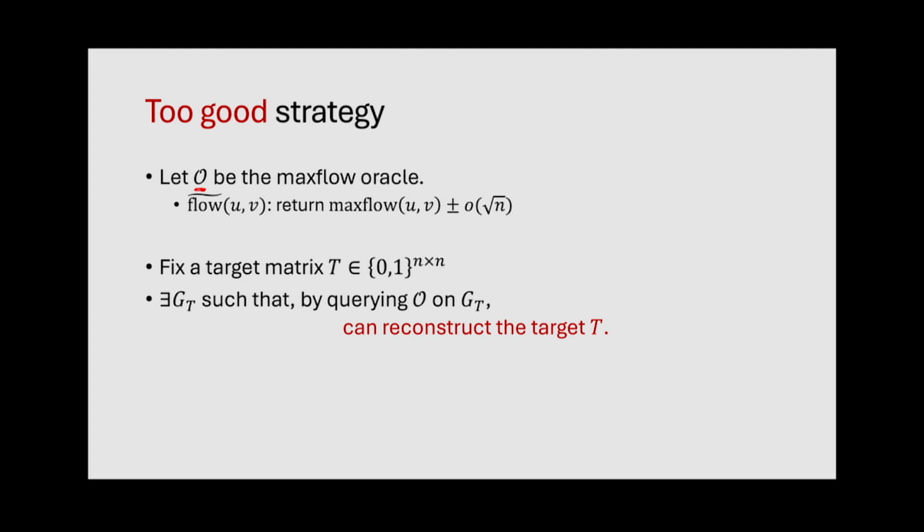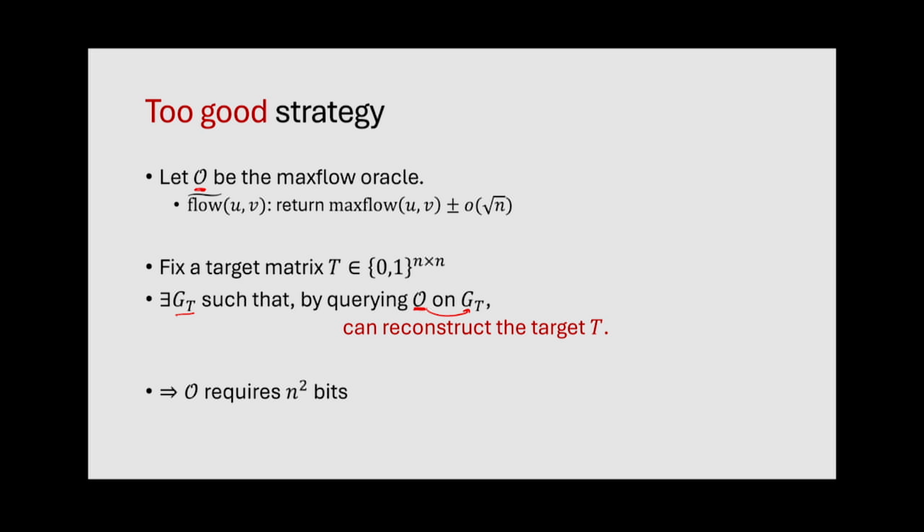What I will try to show is that there exists some graph that depends on T, such that by querying the oracle on this graph, I can reconstruct T. If I can do this, it naturally implies that for some graph, this oracle needs n square space.